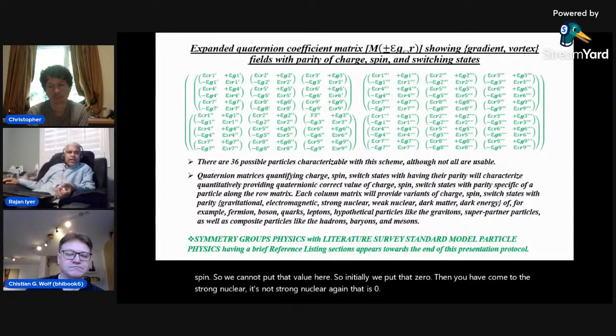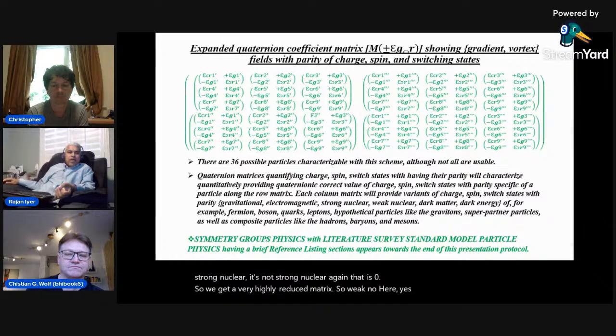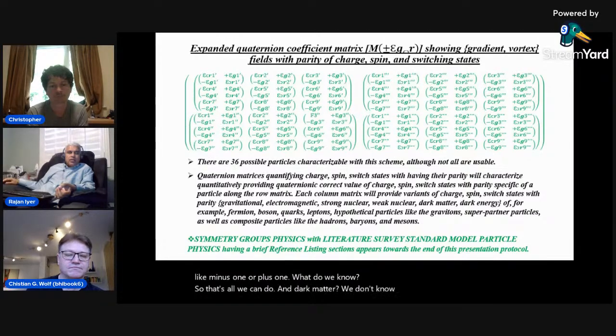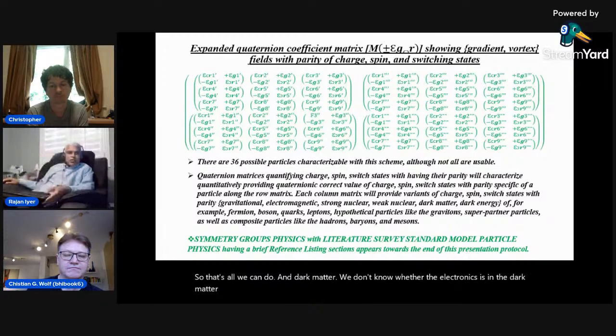So we get a very highly reduced matrix. So weak nuclear, yes. So we can put some value here like -1 or +1, whatever we know. So that's all we can do. And dark matter, we don't know whether the electron exists in the dark matter. Okay, so this one simplifies to a very simple 2x2 matrix.